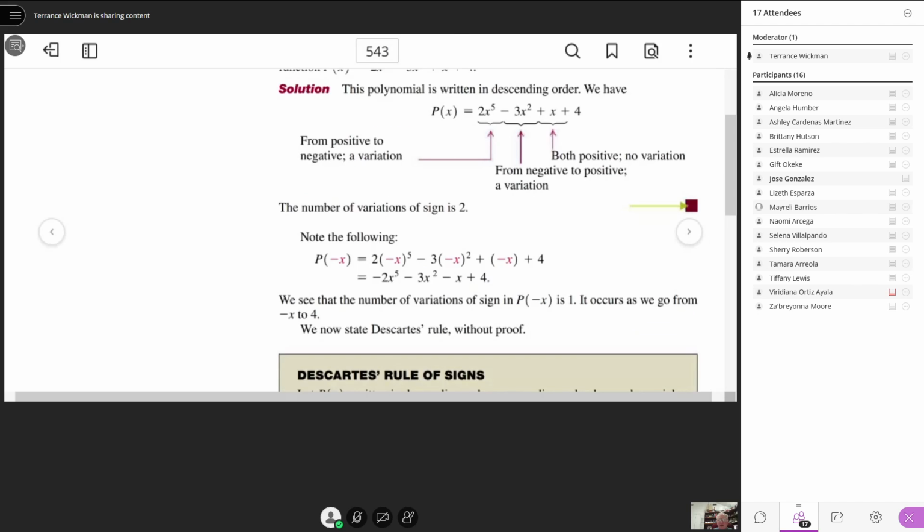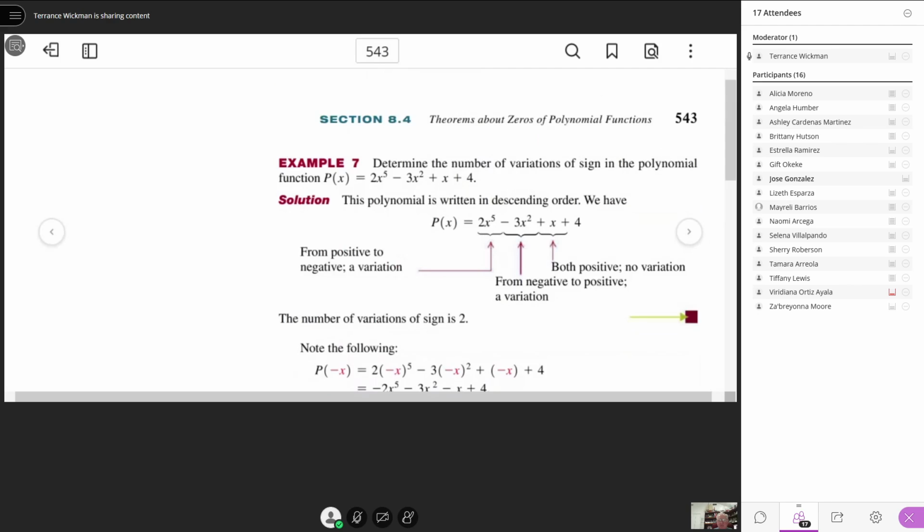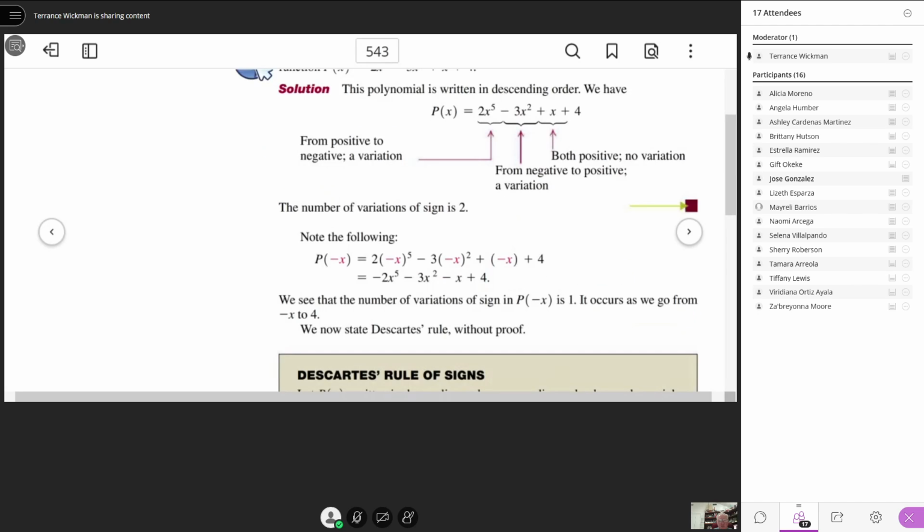Earlier in the book they did a better job of showing it. So the number of variations of sign changes, positive to negative and negative to positive, means the number of possible zeros are 2 and 0. That's all they're trying to do, to help you guess the zeros. But in the real world, I always guess 1, -1, 2, or -2.